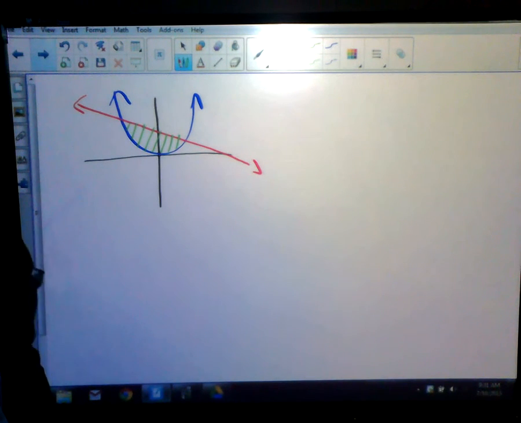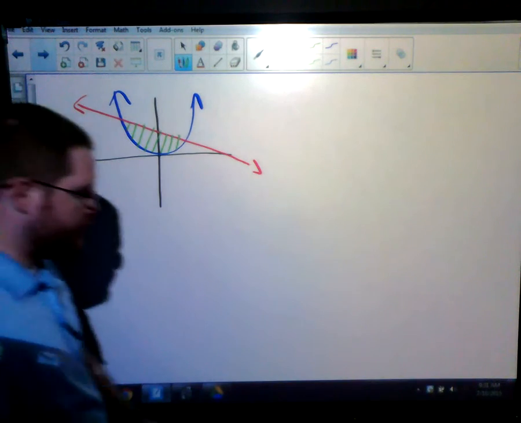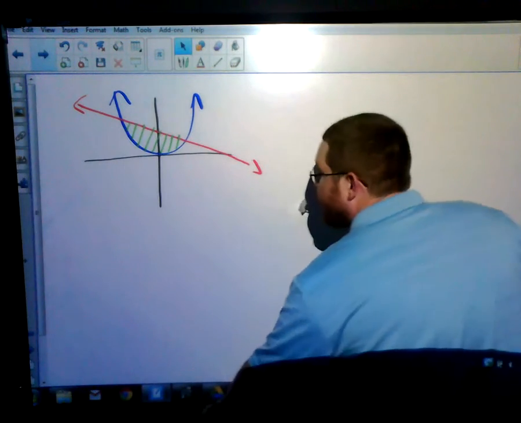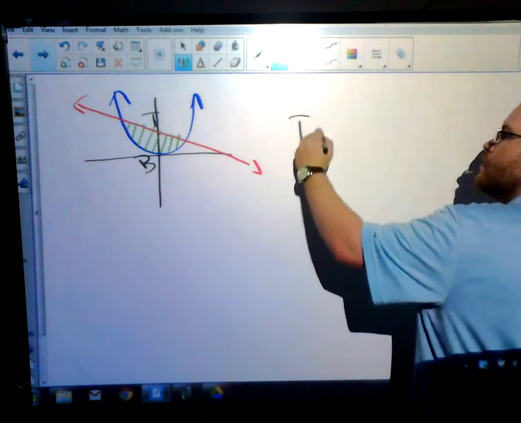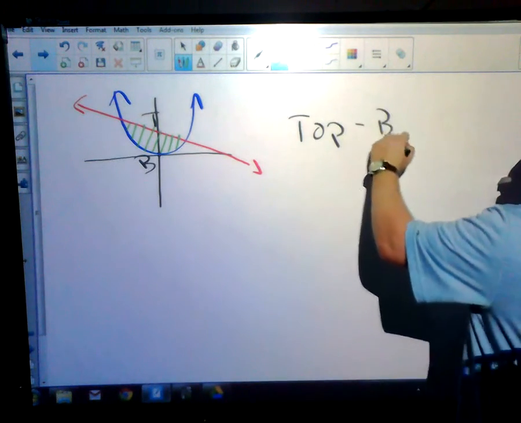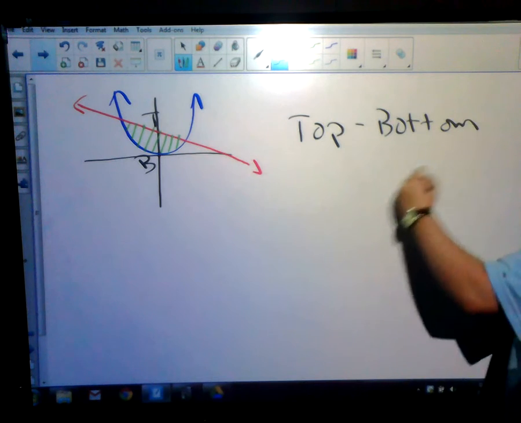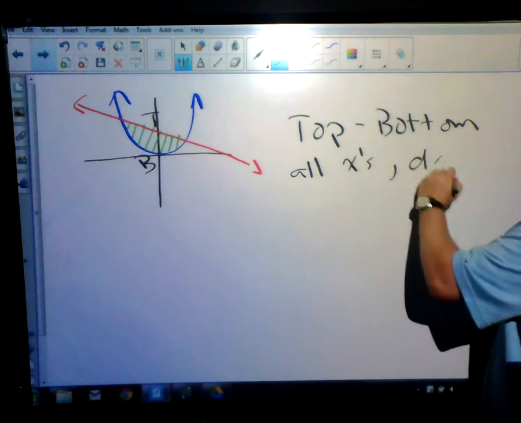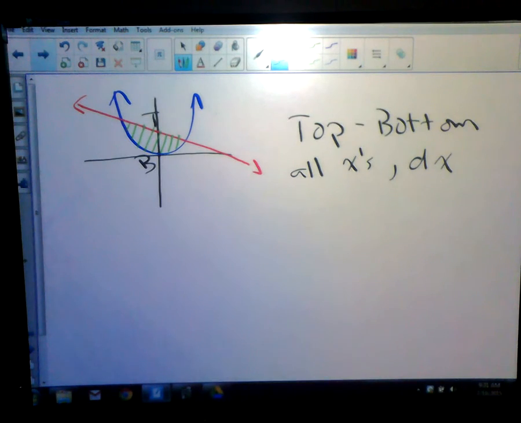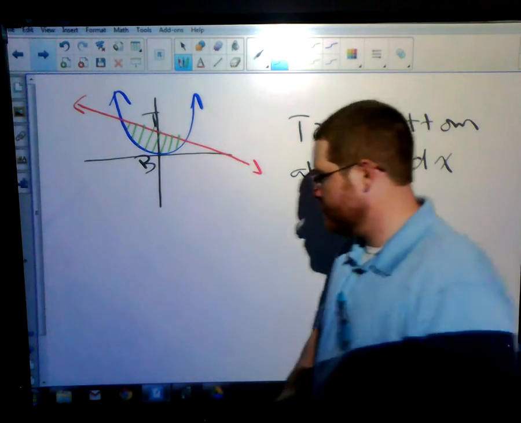Is this better to do a top minus bottom or a right minus left? Well, inside that area, there's always a top and there's always a bottom. So this is better to do top minus bottom. And if that's the case, I need all x's and I need a dx in the integral. Everything will be x's and everything will be an integral.